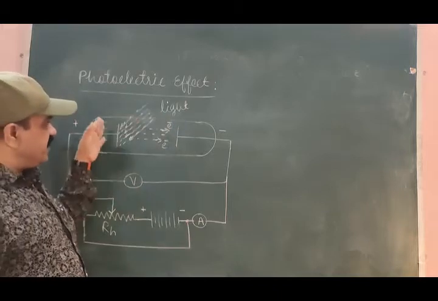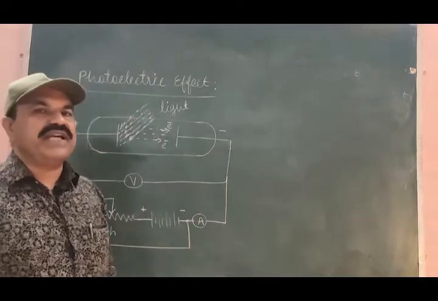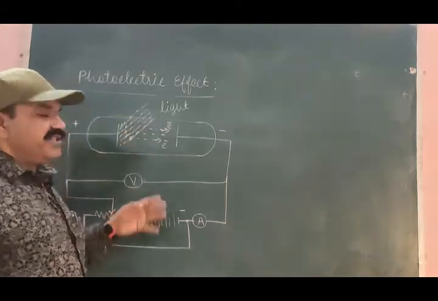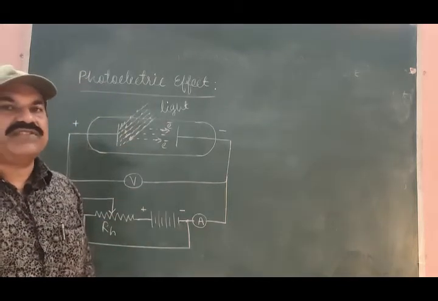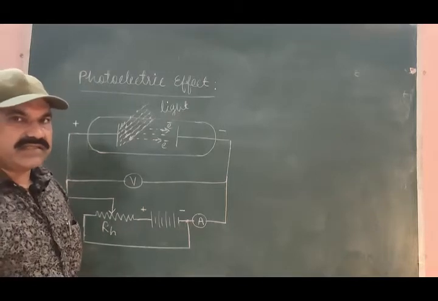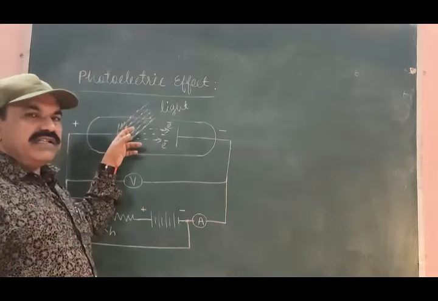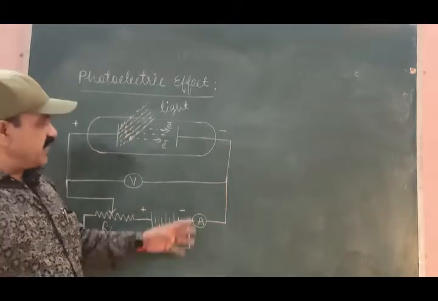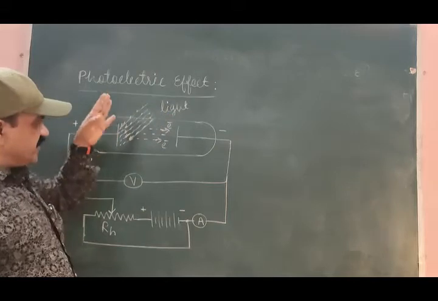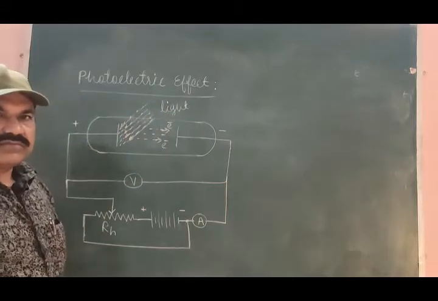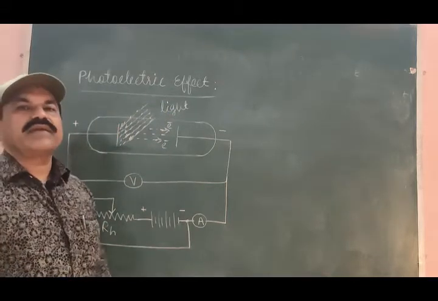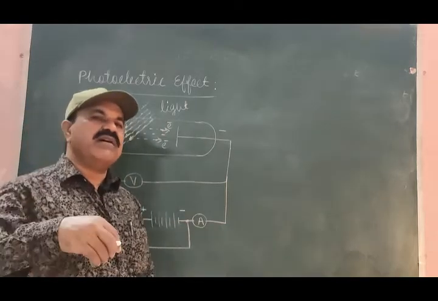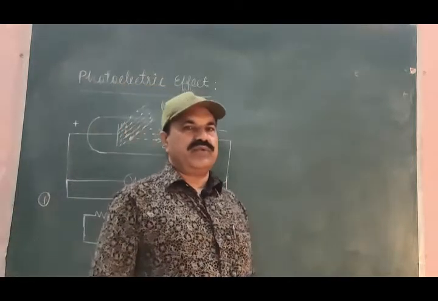When this light energy is incident on the surface of this anode, if this surface is coated with alkaline earth metals, electrons from the surface get emitted. Actually, when these radiations fall on the surface of this anode, photons bombard the surface of anode.